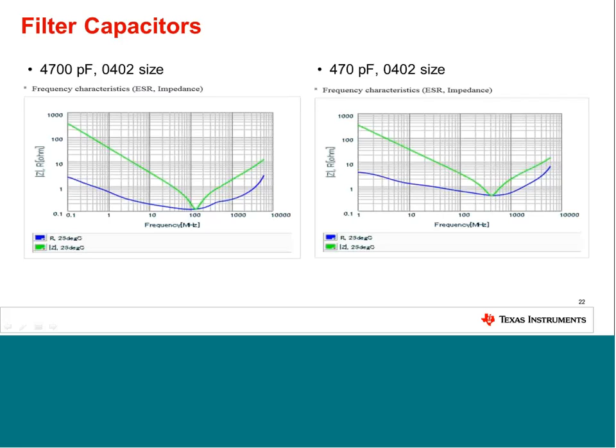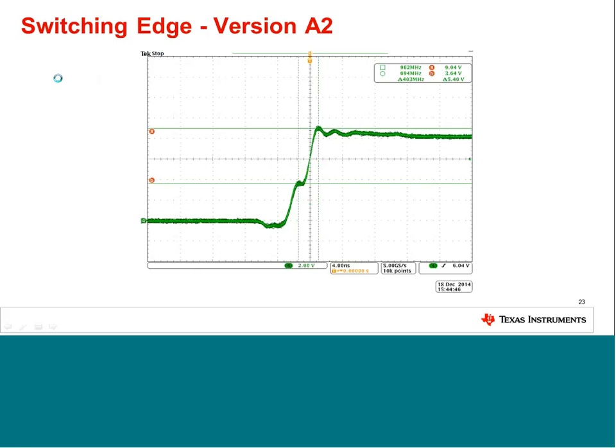So even though this is the smaller capacitor, it's more efficient for decoupling close to the IC than the bigger capacitor here. And if you look at the switching edge, when you have this capacitor assembled with no layout change, you see a significant improvement and almost no overshoot anymore.